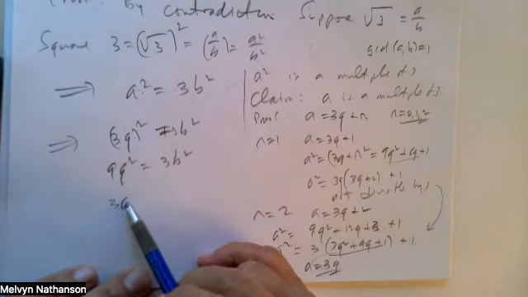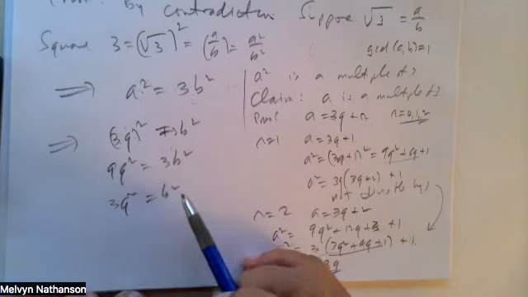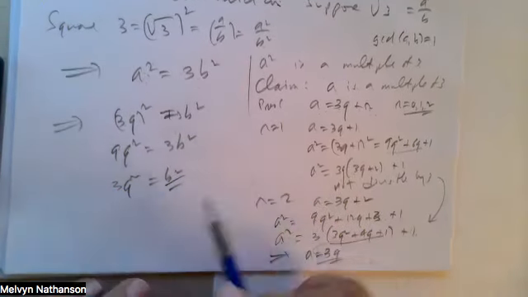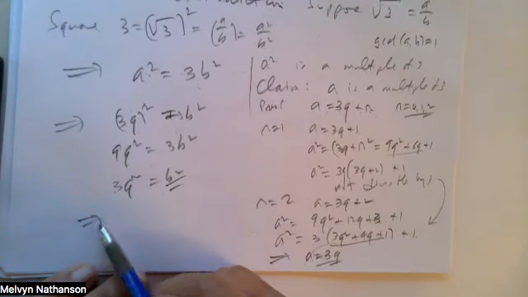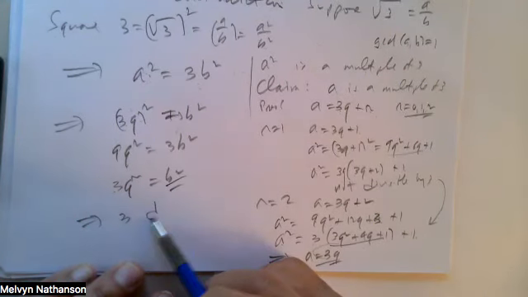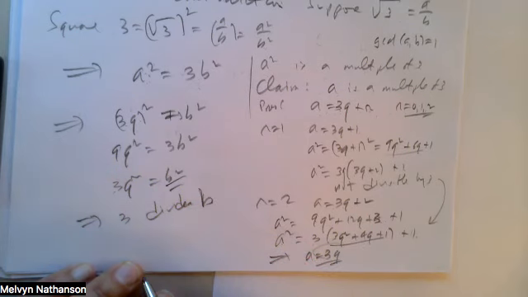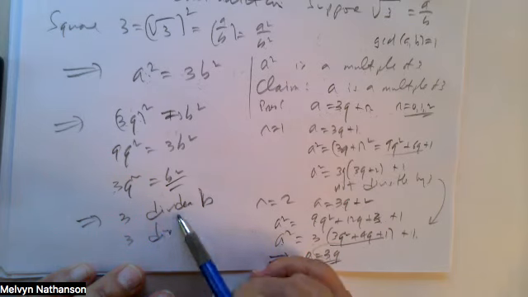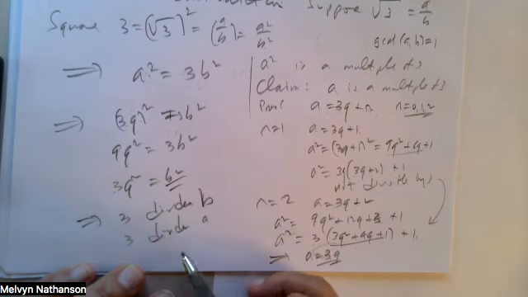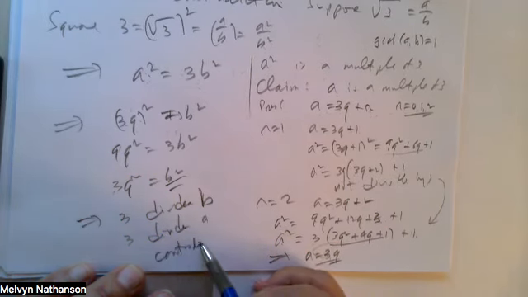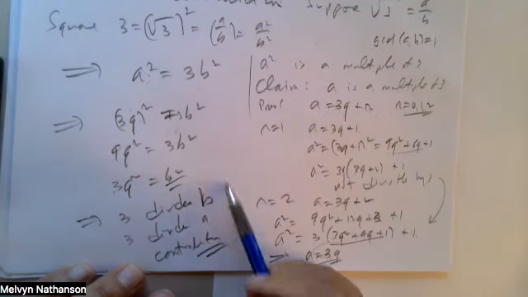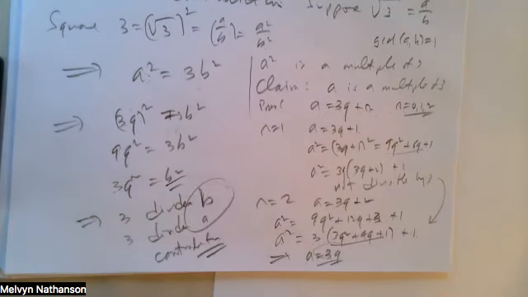Divide by 3, 3q squared equals b squared. So b squared is a multiple of 3, so 3 has to divide b. But I just showed 3 also divides a, and that's a contradiction, because we took a and b to be relatively prime. So the square root of 3 is irrational.